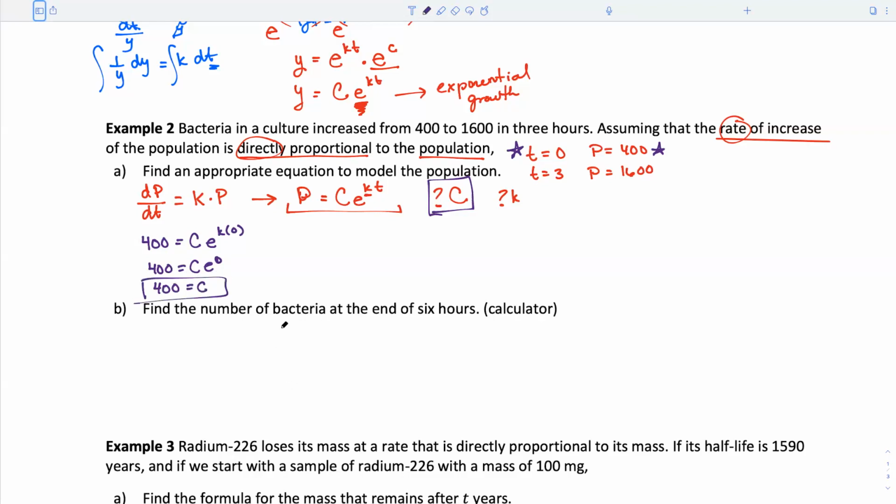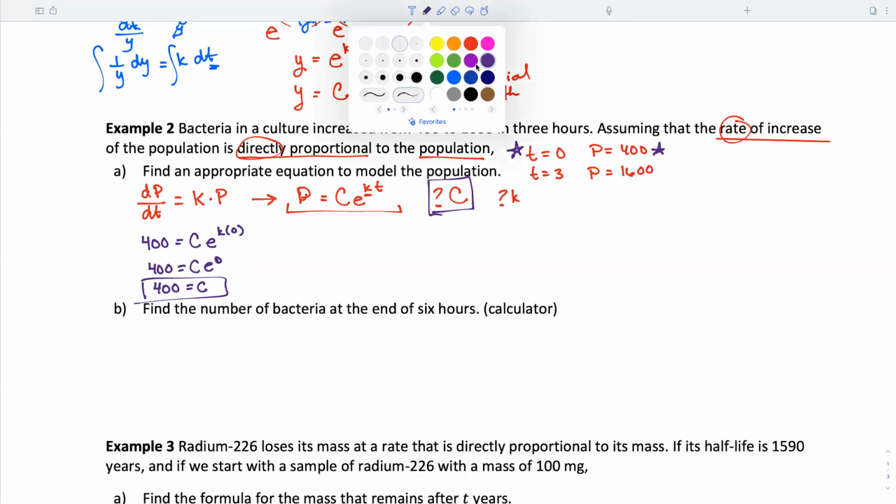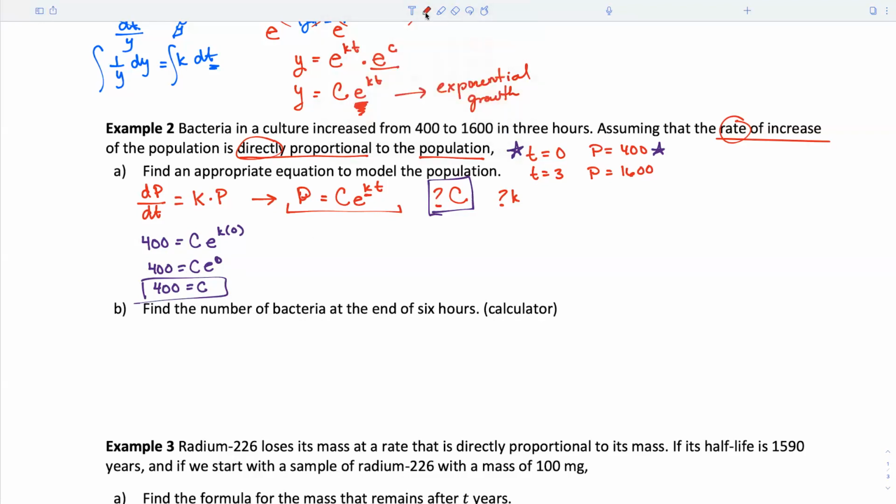Now that I've solved for c, I can solve for my k value using the second point. Remember, we've talked about this before. When you have two variables to solve for, you will need two pieces of information to do that.